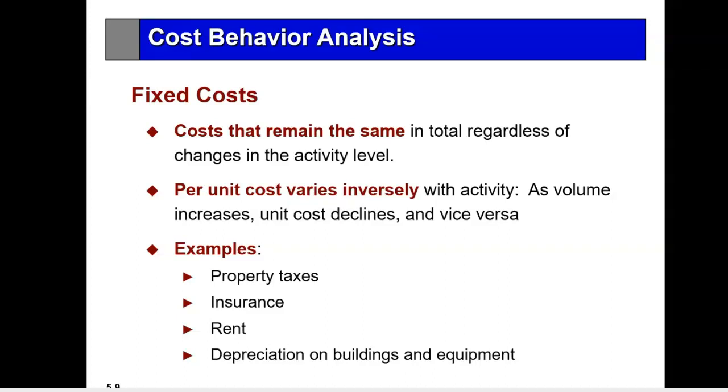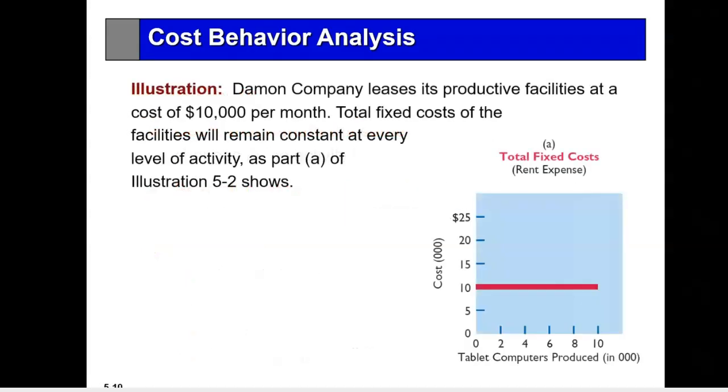If I produce 200 units, the unit cost for rent would be $100. So you see a fixed cost decreases on a per unit basis as the activity increases. Examples: property tax, insurance, rent, the one I just did, and depreciation. So if you were to graph that, you would have a straight line.